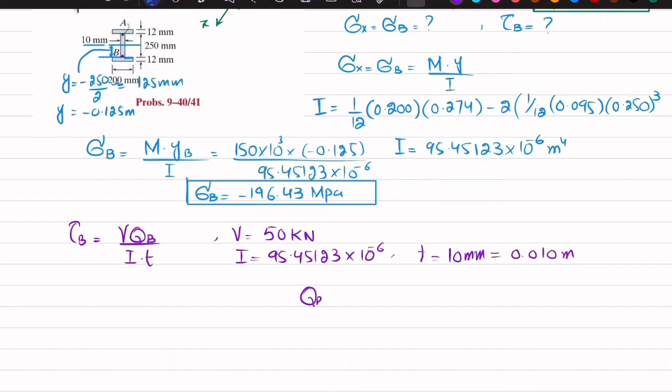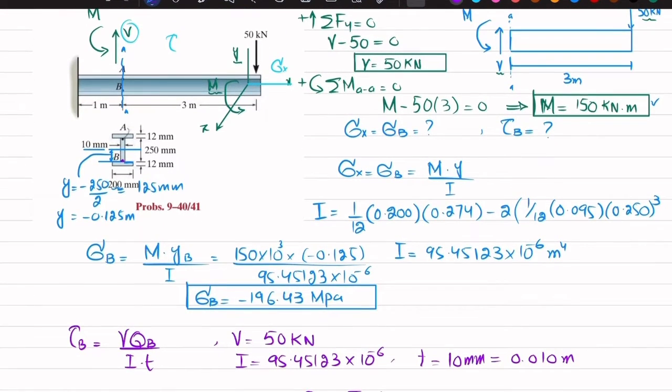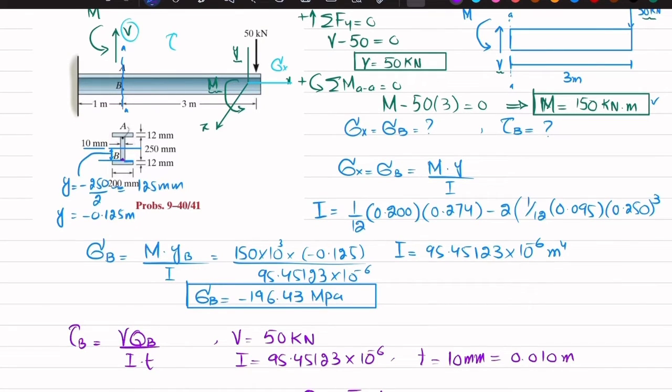And what about QB? QB will be equal to Y dash bar into A. And what is Y dash bar and what is A? A is this area, which is equal to 200 millimeter, 0.2, into thickness 12 millimeter, which is 0.012. And Y dash bar is the distance from the neutral axis to the mid of this section.